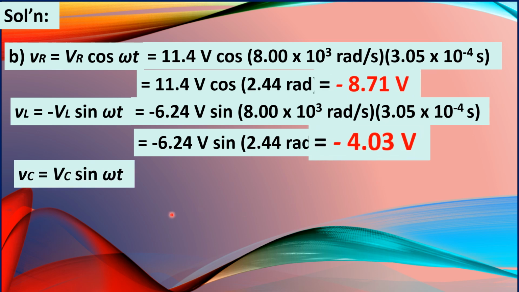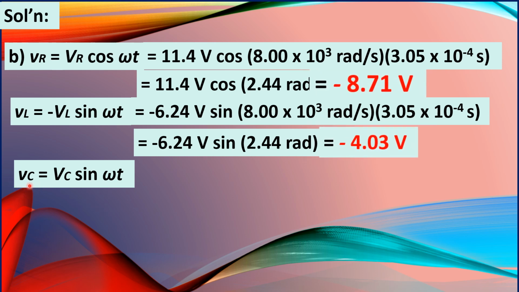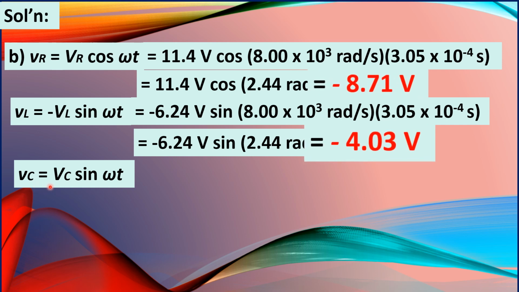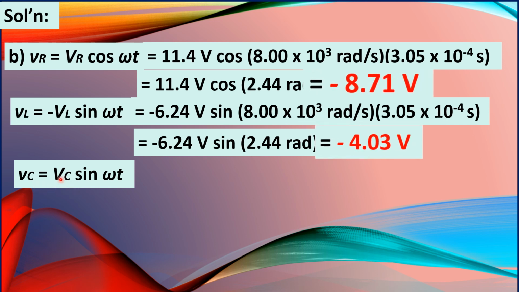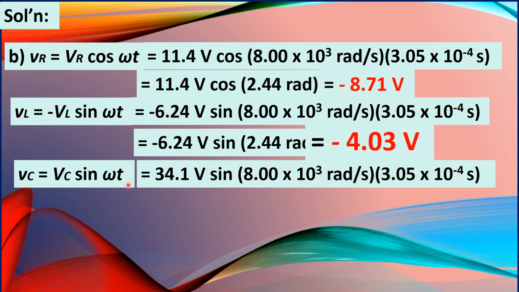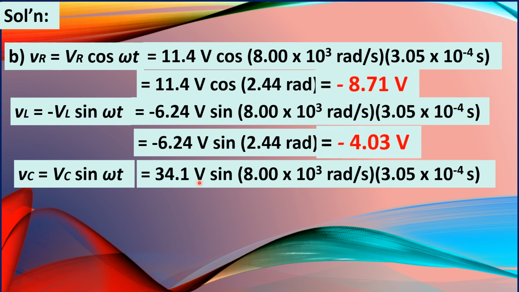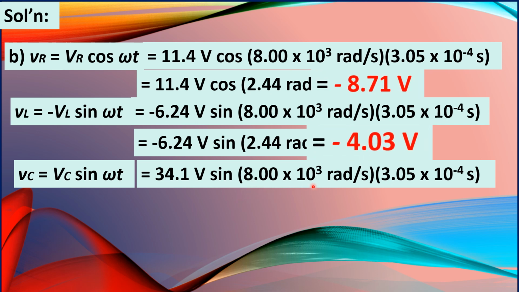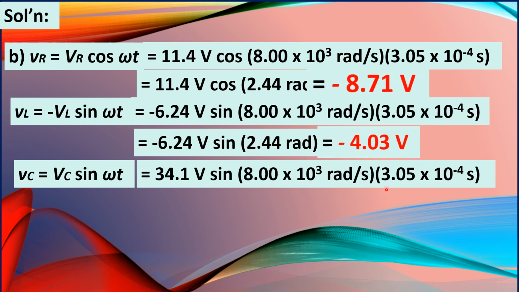Now, for the instantaneous voltage across the capacitor, labeled as small letter v sub C, which is equal to the voltage amplitude across the capacitor, capital V sub C, multiplied by sine omega t, which means 34.1 volts multiplied by the sine of the angle 8.00 times 10 to the third power radian per second, times the given time 3.05 times 10 to the negative 4 seconds.